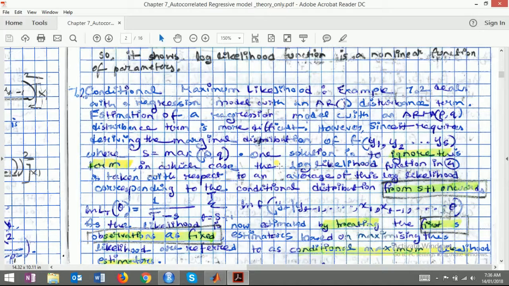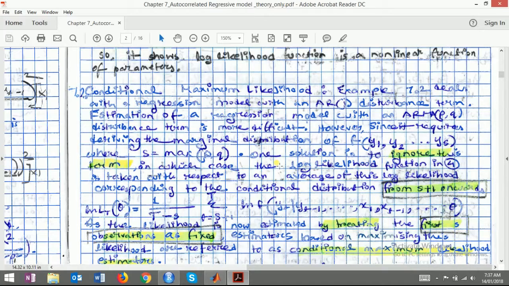So one solution, because it's difficult to have a joint distribution, is to ignore the marginal distribution part, the first part.